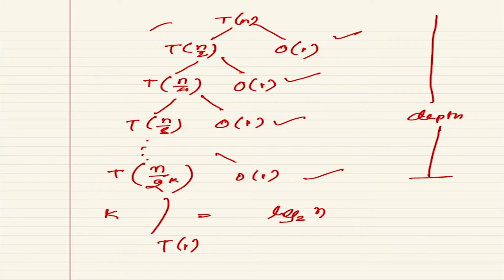So up to here you have done k times. So your work is k times order one. Okay, and what is k? k is log n. So you say your T(n) is order of log n. That is the complexity of binary search.